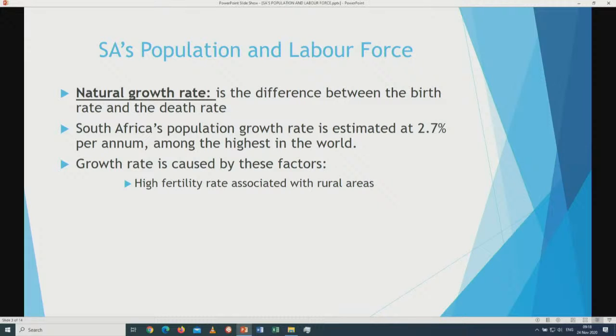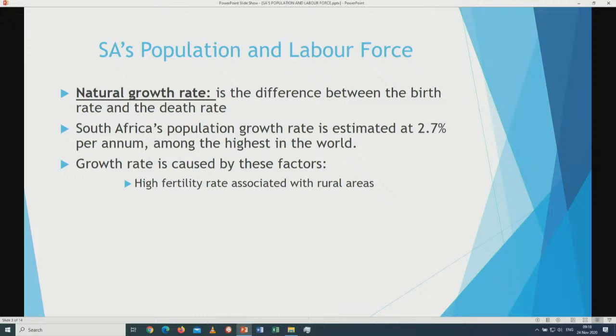So the growth rate of the population is caused by the following factors. Number one, we have touched on this, is the high fertility rate associated with rural areas. Like I said, fertility rate refers to the birth rate, the rate at which South Africans are having babies.